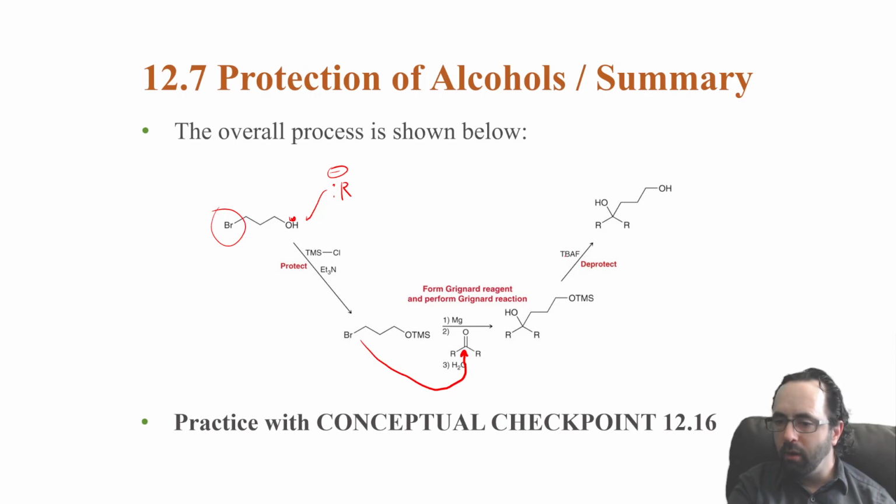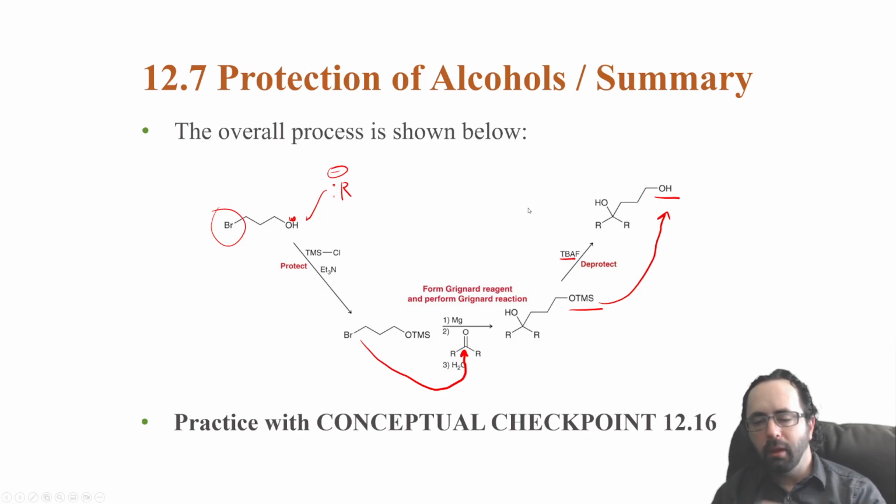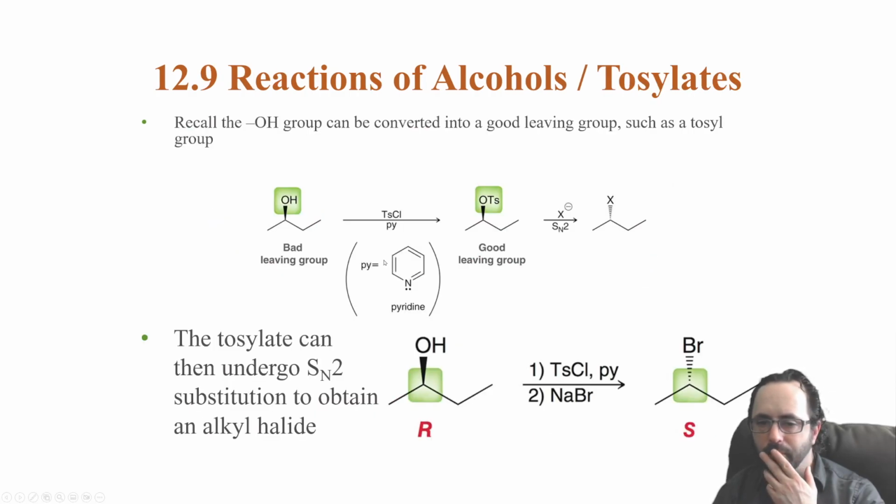Then at that point you can use so-called TBAF to deprotect, and then you'll get your alcohol back. You'll replace the TMS with the alcohol. And so be careful when you're using a Grignard reaction. If you want to use a reagent that already has an alcohol as the Grignard reagent, you have to protect the alcohol first with TMS.